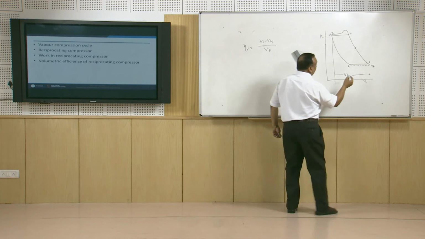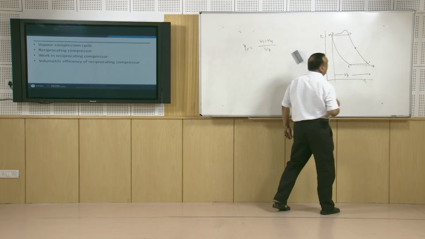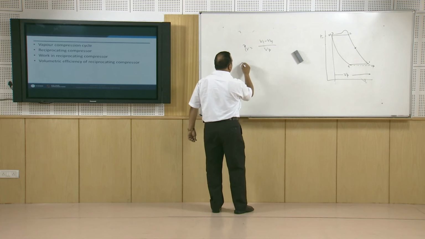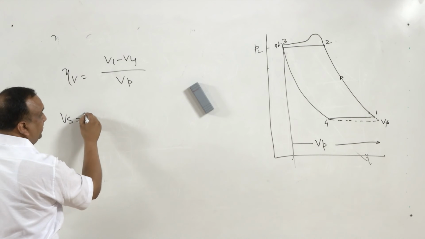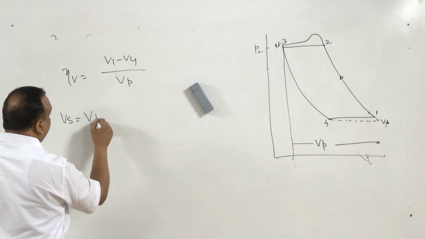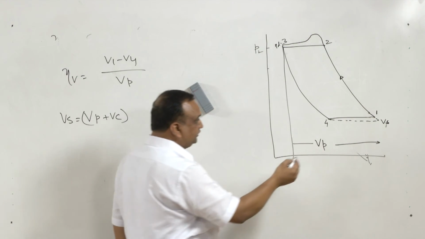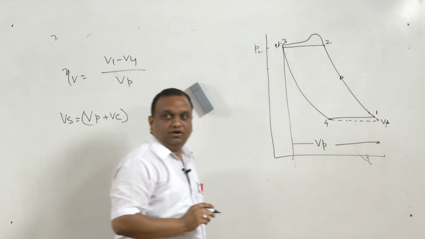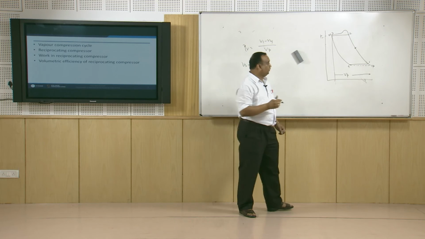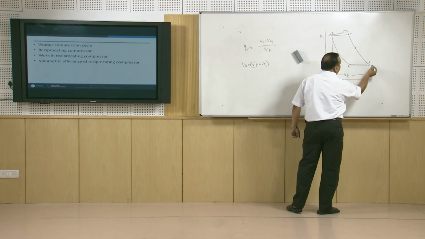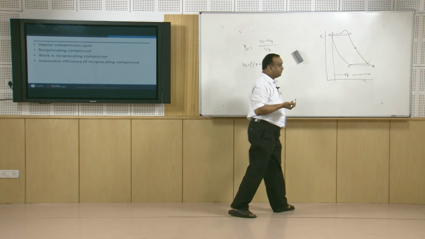Now V1. In order to find V1, first of all calculate Vs. Vs is equal to Vp plus Vc, the suction volume. Now we assume inside the cylinder, due to ramming action, the Vs is reduced to V1 and it is a polytropic process.